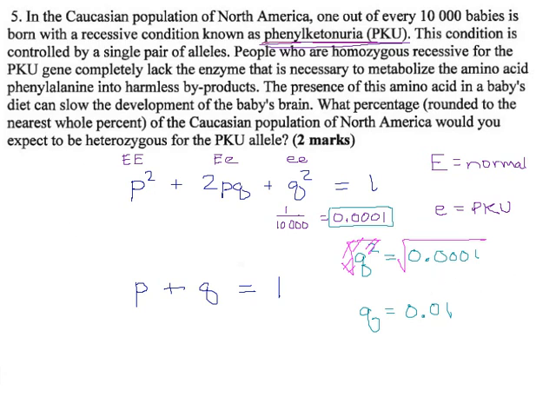Next thing we need is P. And the second Hardy-Weinberg formula tells us that P and Q always add up to exactly 1. So if Q is 0.01, P is 1 take away 0.01. This is like me and you together have to come up with $1, and I've brought 1 cent.